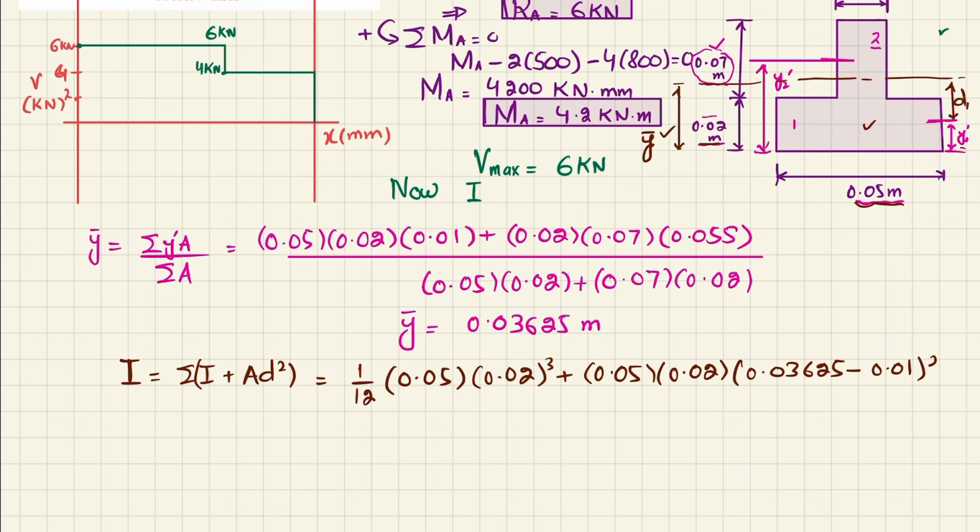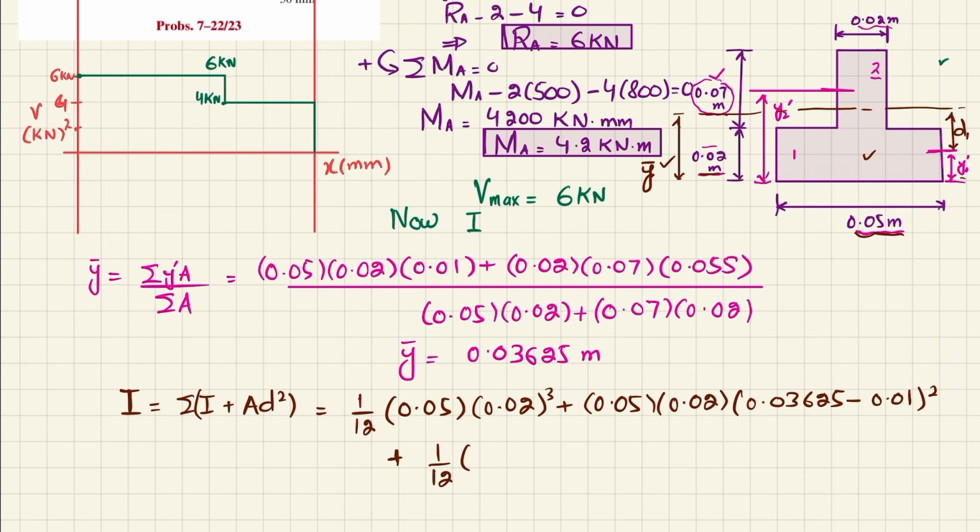0.01, and its square, plus the moment of inertia of the second, which is 1/12. Its breadth is 0.02 and height is 0.07. So 0.02 into 0.07 whole cube plus area, which is 0.02 into 0.07, and d square. So d square for 2 is this one.